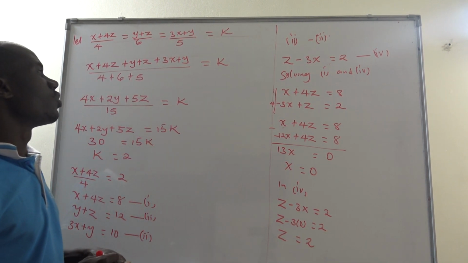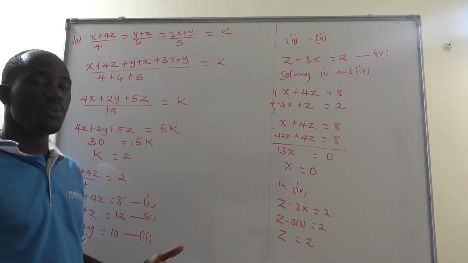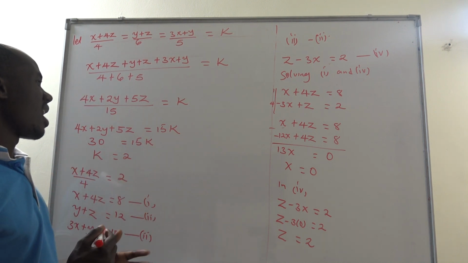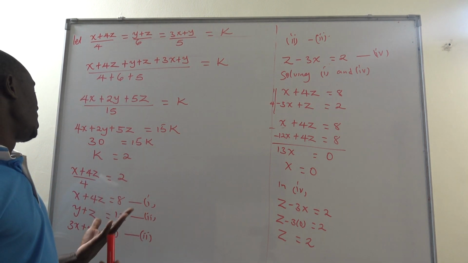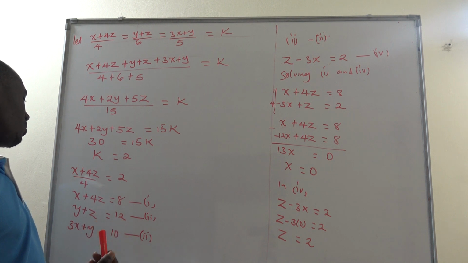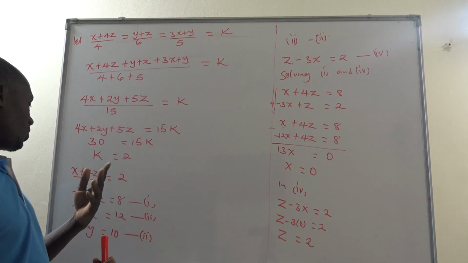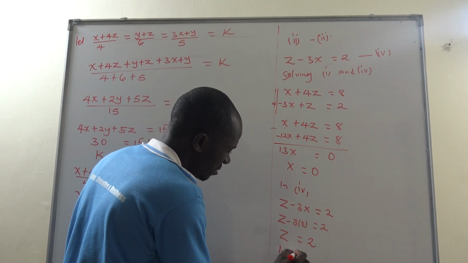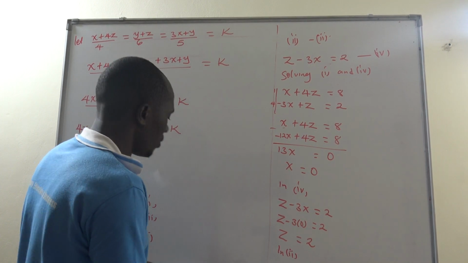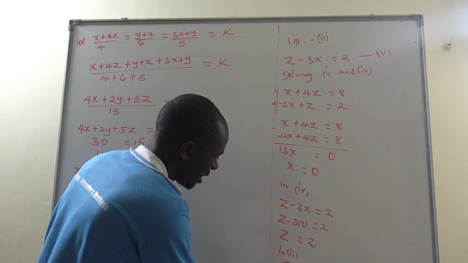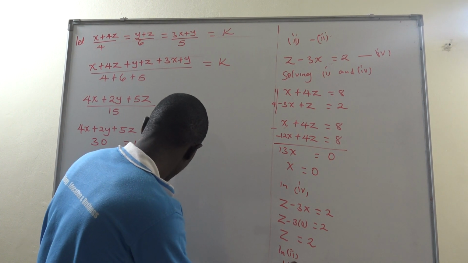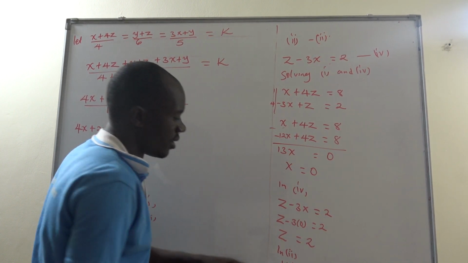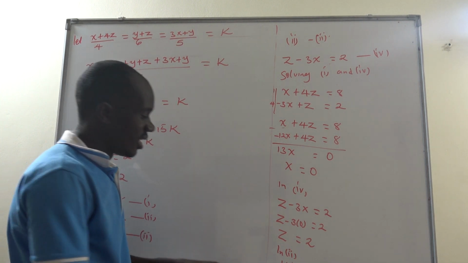After getting z equals 2, then we are remaining with getting the value of y. We substitute in any equation. I can substitute in equation 2 or equation 3. I'm going to say in Roman 2, we have got y plus z equals 12. But we know our z is already 2.